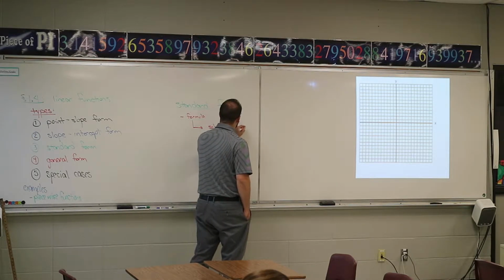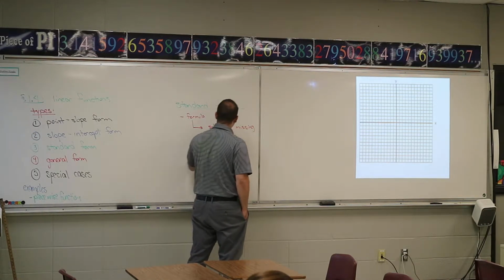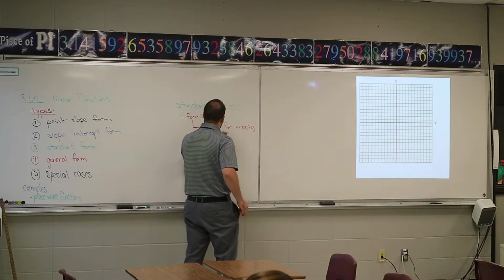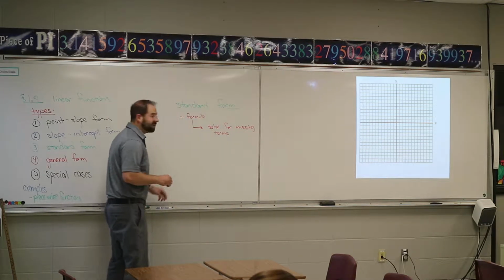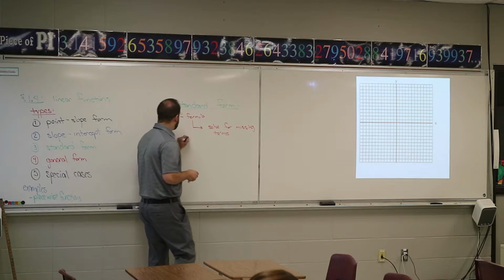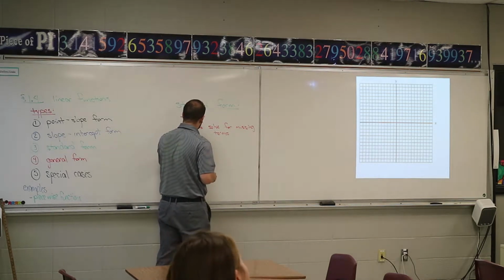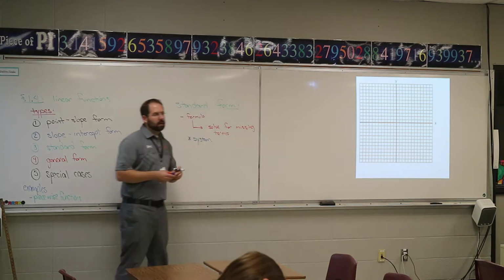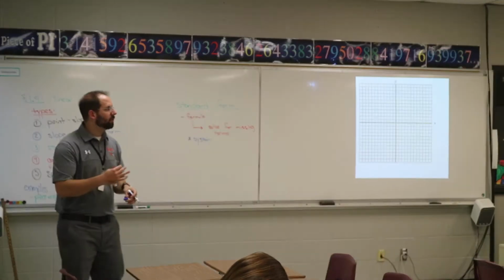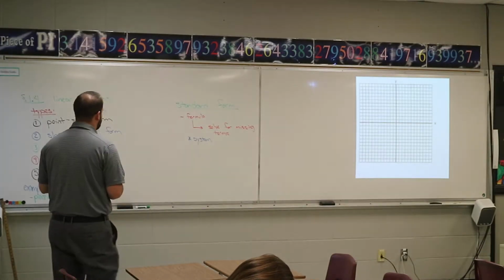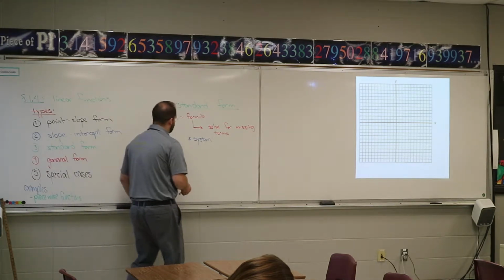What I mean by that is the whole purpose of this is it's used for systems. That's the big purpose of it. It's used for systems of equations, where you're given two equations, two formulas, and you can actually solve for the other one, because this form looks like this.